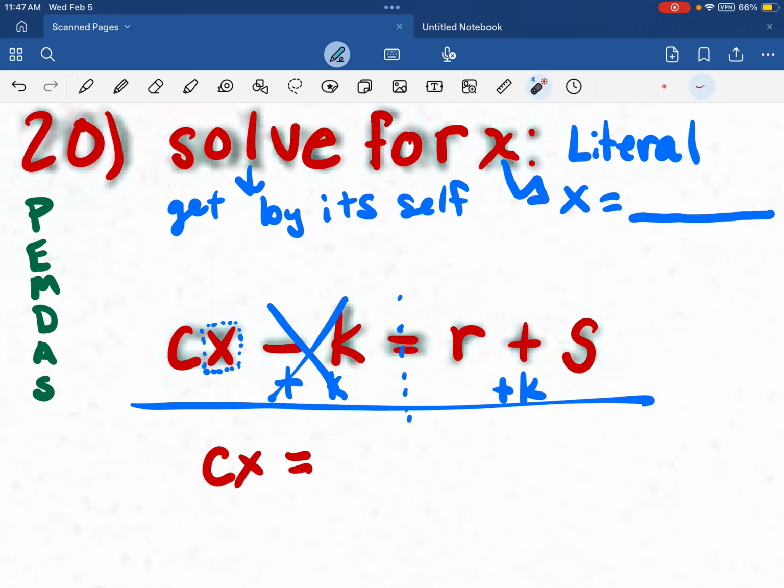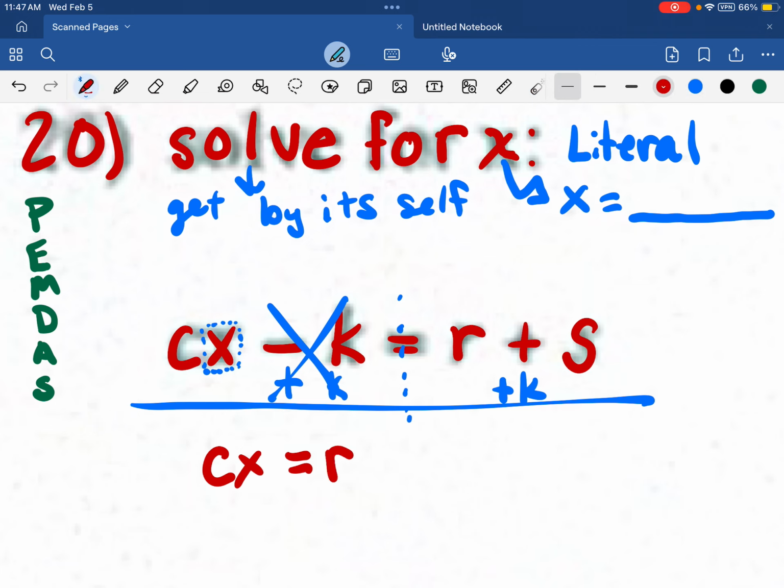Okay, here's where people start to get a little nervous. They tell me, Miss Gunther, I can't combine a K with an R or an S. These are not like terms. And you would be exactly right. And I'm also very proud of you for remembering what like terms are and recognizing I can't combine all these. When you can't combine stuff because they're not like terms, you just write them all side by side.